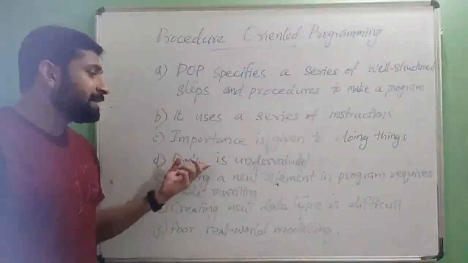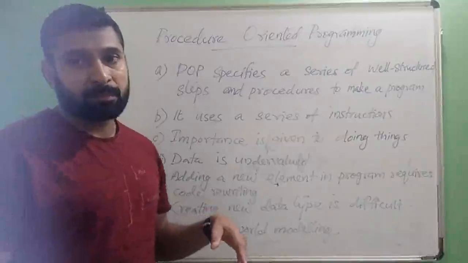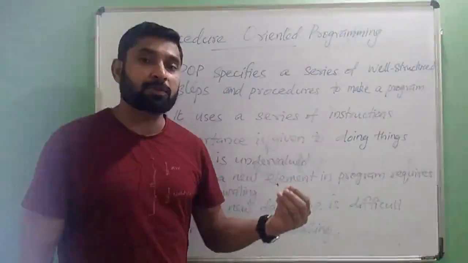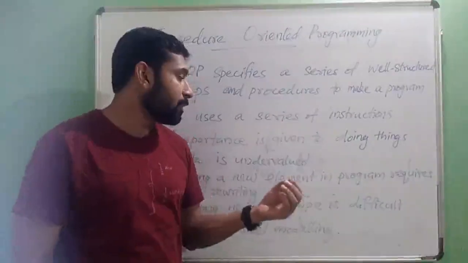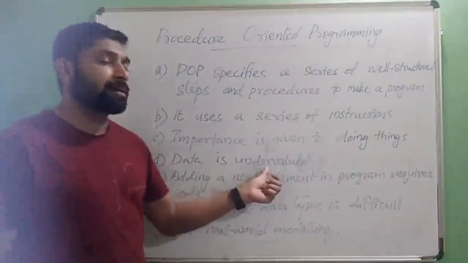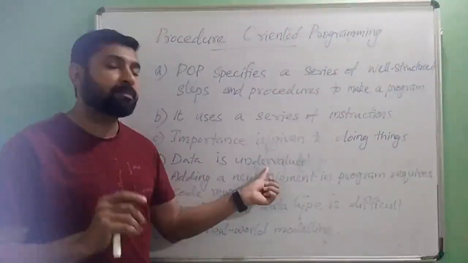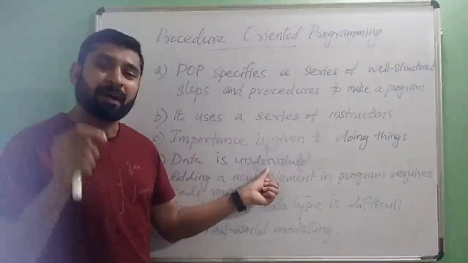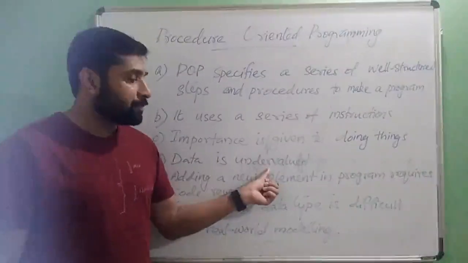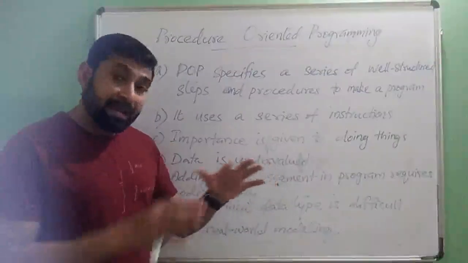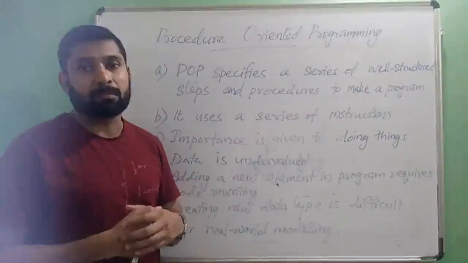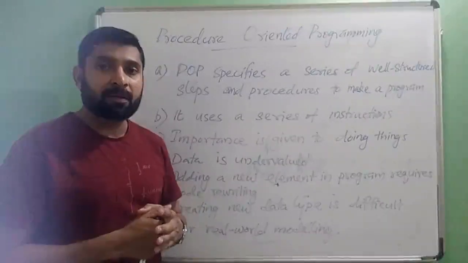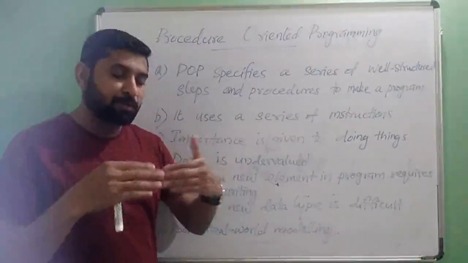Then the fourth point is data is undervalued. While giving importance to how to solve the problem, how to find a solution for the problem, data is undervalued. Data has no security or less security, which means any data, usually global variables, can be altered by any section of the program.